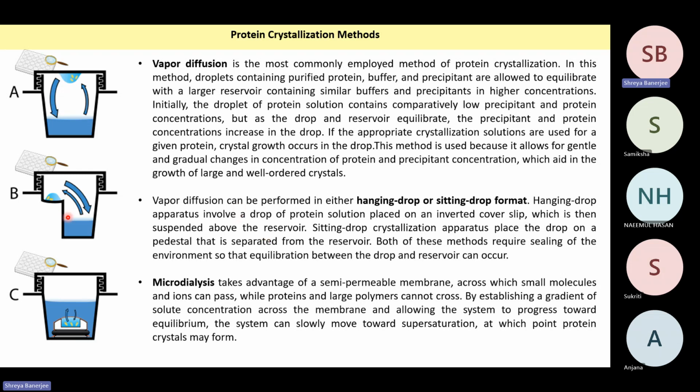So the goal is to gradually and very slowly either increase or decrease the concentration till we reach the optimum concentration for formation of crystals. That is why this kind of equilibrium or semi-permeable membrane also slows down the process, because the exchange through the semi-permeable membrane is very slow. So gradually you reach the optimum concentration, which will allow the crystals to form.